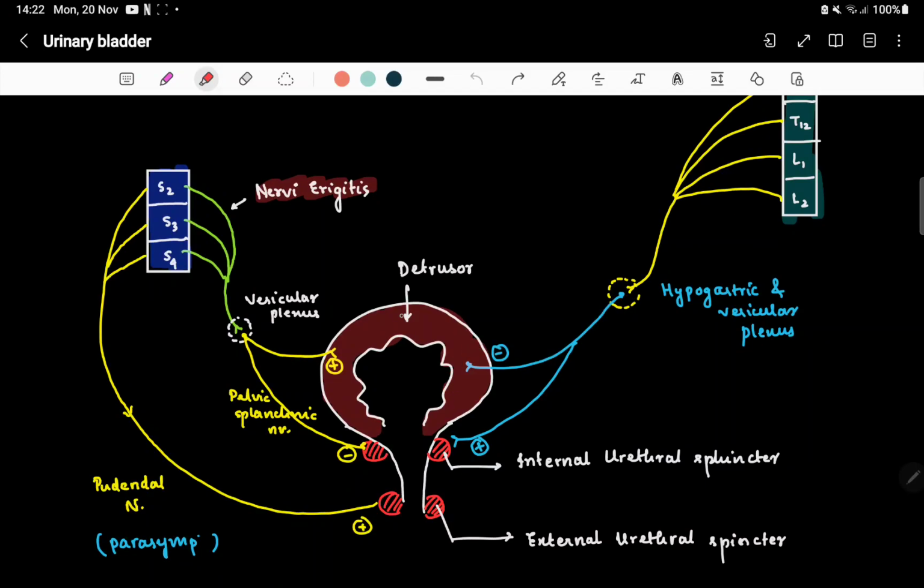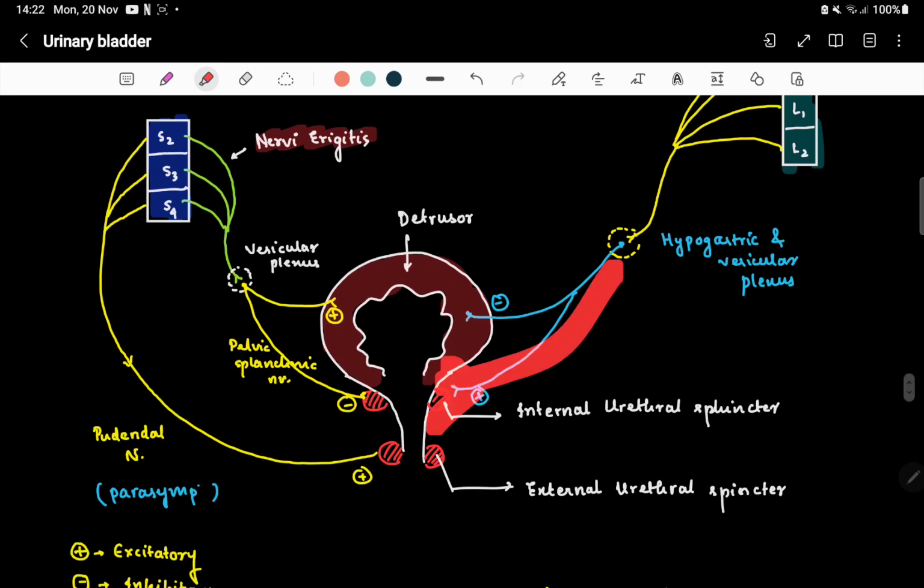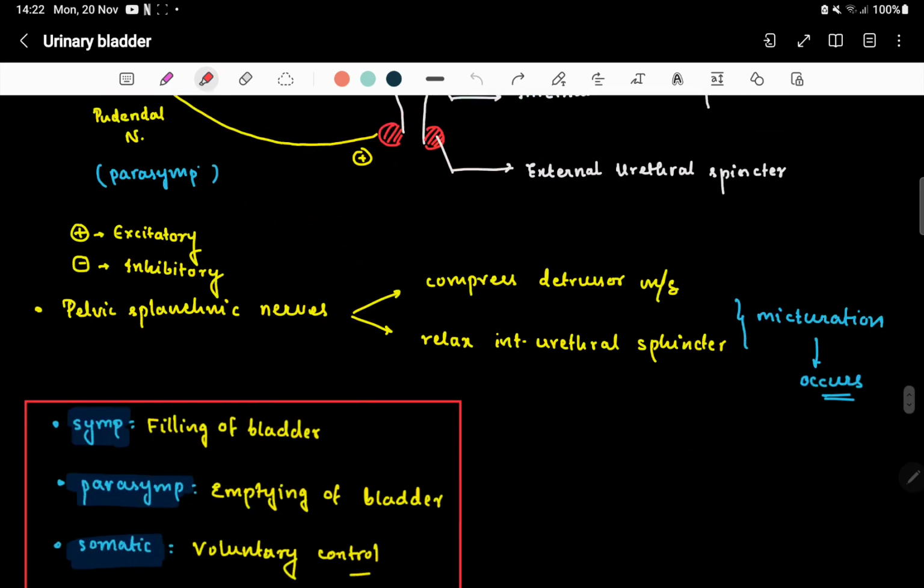That means the detrusor is not compressing, so urine can accumulate in this part, okay. It will cause contraction of your internal urethral sphincter, so urine can't come out. So in sympathetic condition, urination is blocked, okay.